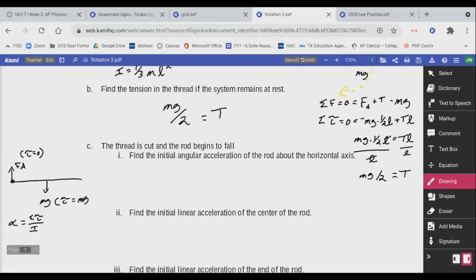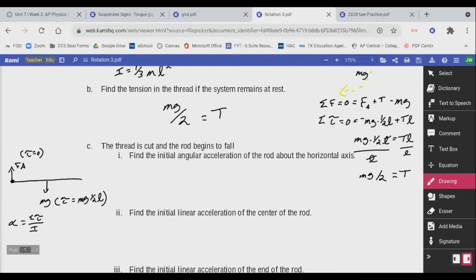mg 1/2 length. I'm not worried about the direction on this one, and I'll tell you why. I worry about whether it's positive or negative if I have torques going in different directions, where I need to identify this one's positive, this one's negative, I add these together, I subtract that one. But now that I only have one, I'm just going to make it positive because it's the only one I have.